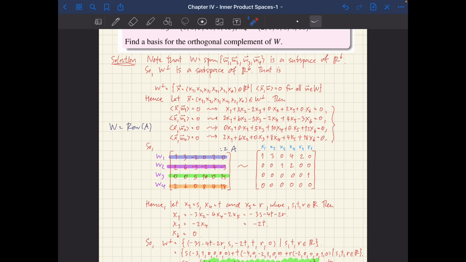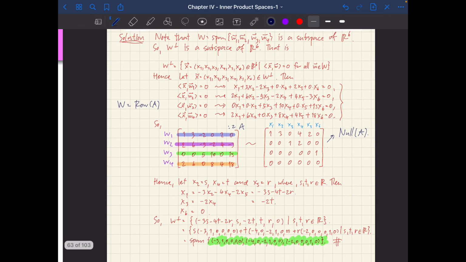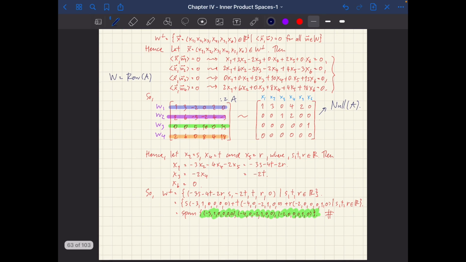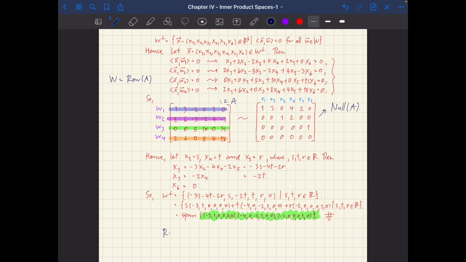So from this we find the null space of A, right? From this example, we can show that the row space of A perp, the perp of the row space of A, is equal to the null space of A.